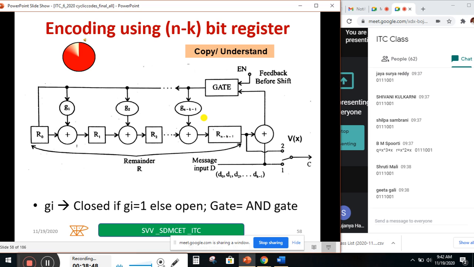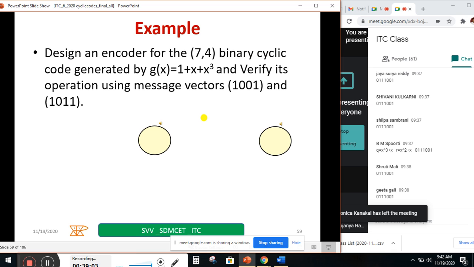We will take the same example, whatever we have discussed so far. For that, we will try to write an encoding diagram. Let me go to the encoding diagram. Copy down this problem statement.